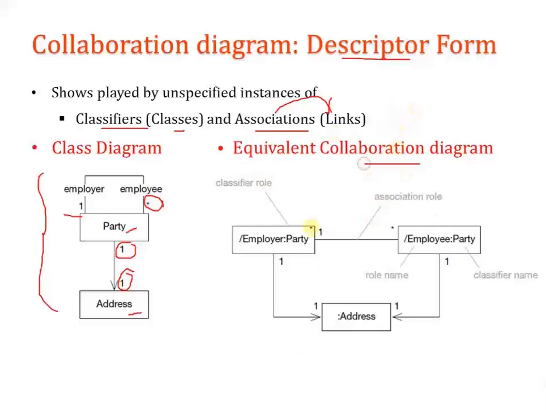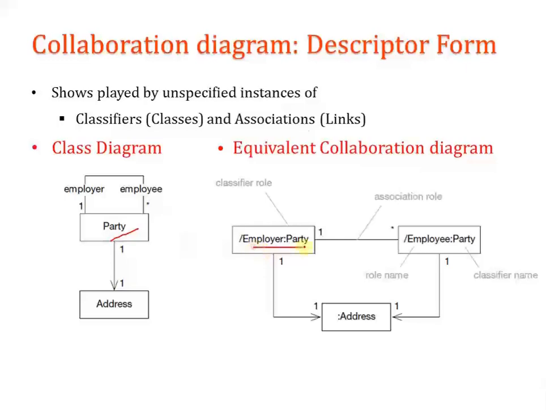In such a case, you can see the extended diagram like this. So for the same party class, you can say along with its classifier role, one employer of a party will have many employees of the same party. And whether it is an employer or an employee, each will have exactly one address.